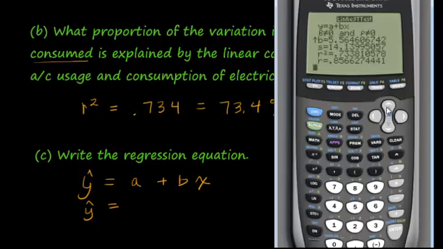We have been given a, it's 30.504. Each problem will have different rounding directions. In this one let's round to 2 decimal places for A and B. So A is 30.50, B is 5.56.